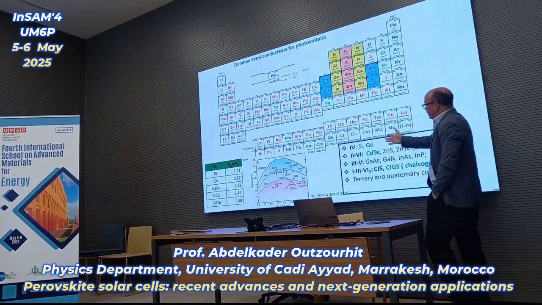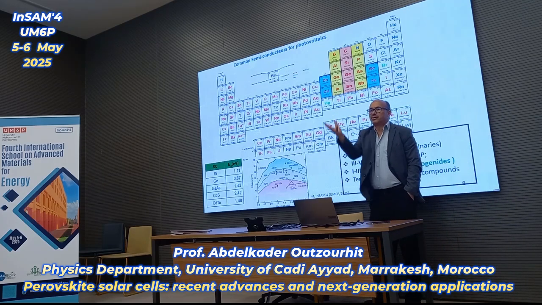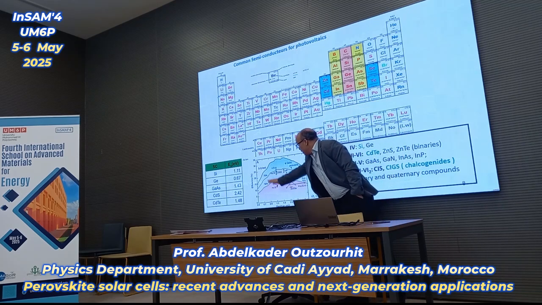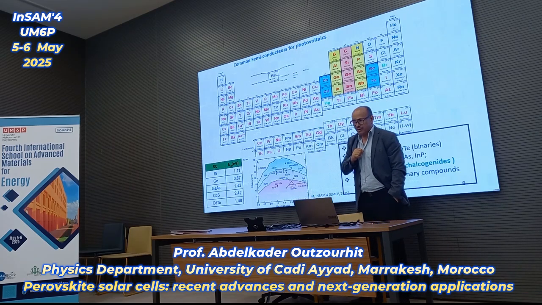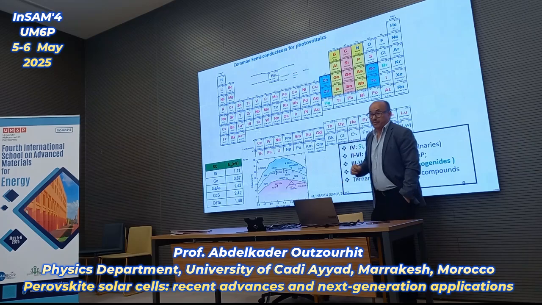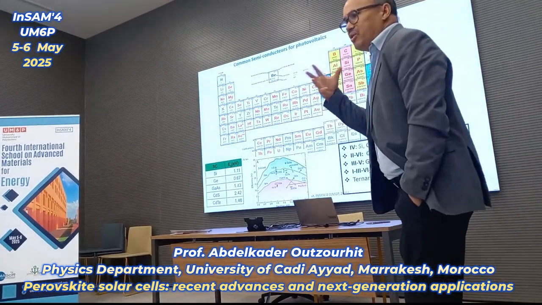Each semiconductor has its own band gap energy that is needed to excite an electron. The theoretical efficiency of solar cells varies with the band gap, and it has a maximum around 1.4 eV. That's what we call the Shockley-Queisser limit, which is the thermodynamic limit.